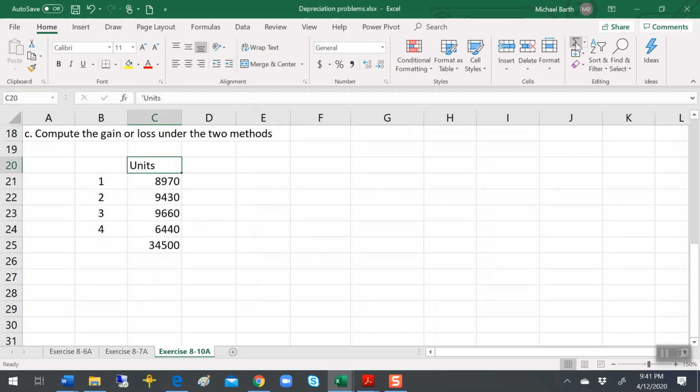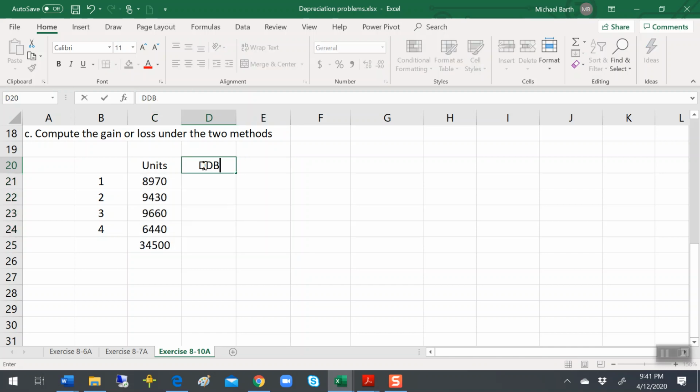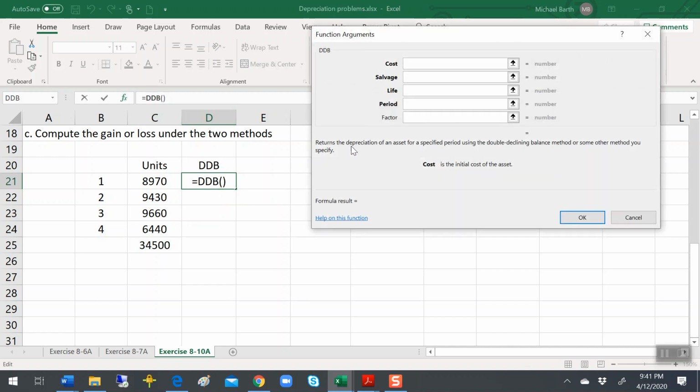method. The double declining balance method is very complicated looking in the textbook, so we just won't screw with that. But there's an Excel function. Double declining balance, open parens, get the FX up there.